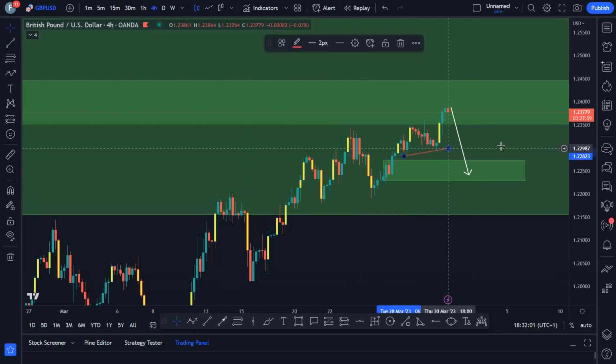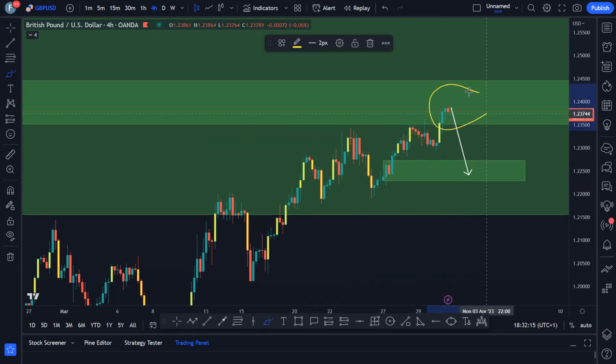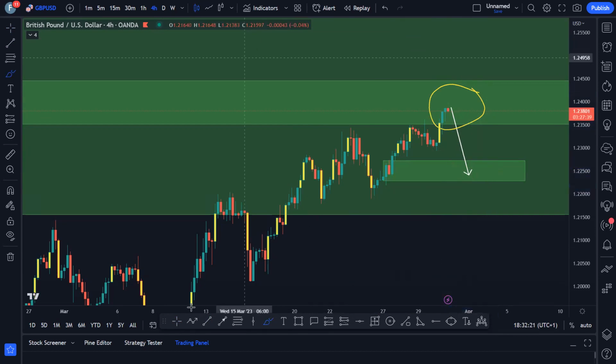And then we're also trading against what other people are doing. So most people will be interested in selling at this zone. All right, but we are interested in buying over here. Okay, so that's what I think price is going to do on GBP USD.